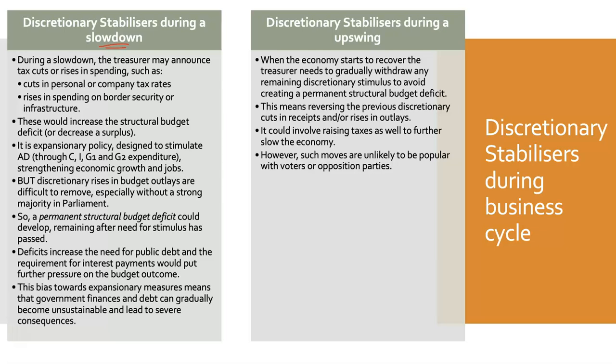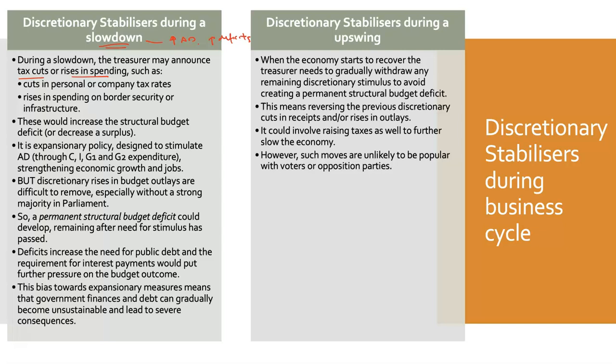So in a slowdown, it is all about trying to use budget measures and discretionary budget measures to increase aggregate demand, increase activity, and this is often going to be driven by increasing your deficits. So during a slowdown, the Treasurer may announce tax cuts, so a reduction in the receipts, or rises in spending.